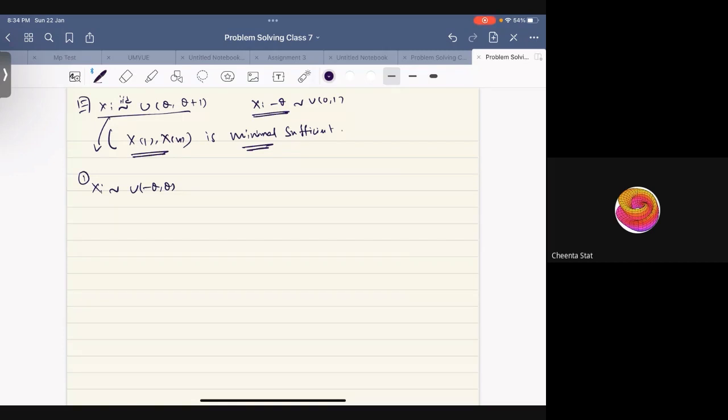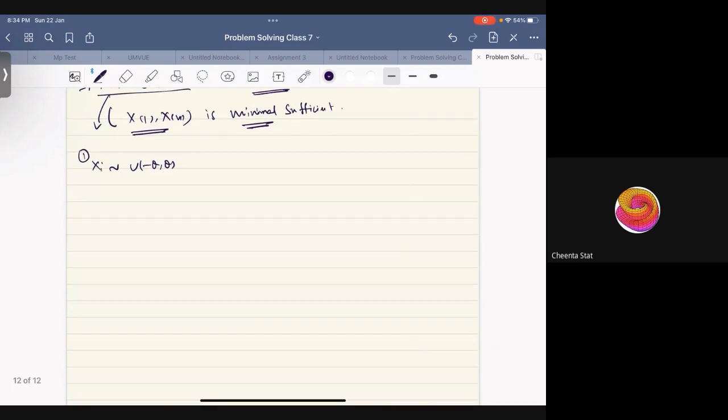Or the example xi uniform from theta minus 1 to theta plus 1. For this also, where you get the symmetry, you can get that. The main concept is that if the parametric space is one dimensional, then the complete statistic should be one dimensional, and if you get a complete statistic, then you can achieve the UMVUE, because if a UMVUE exists, then it is unique.